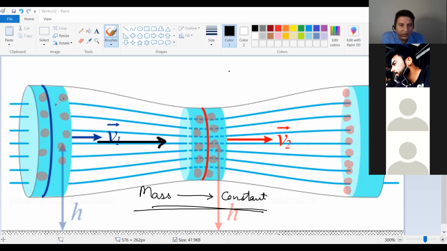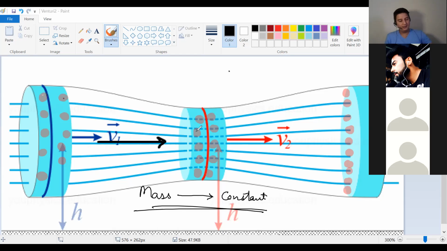The amount of molecules in that segment of water will remain constant. There will be 10 molecules entering, 10 will be in the center, 10 will reach out. So they all will flow together. So if mass has to remain constant and they have to flow, what will have to happen?